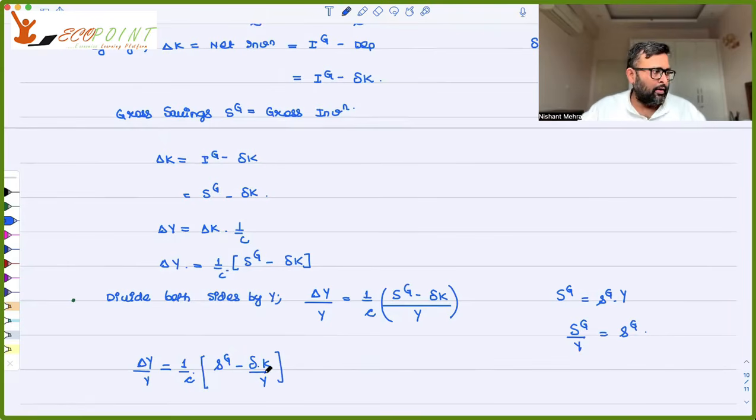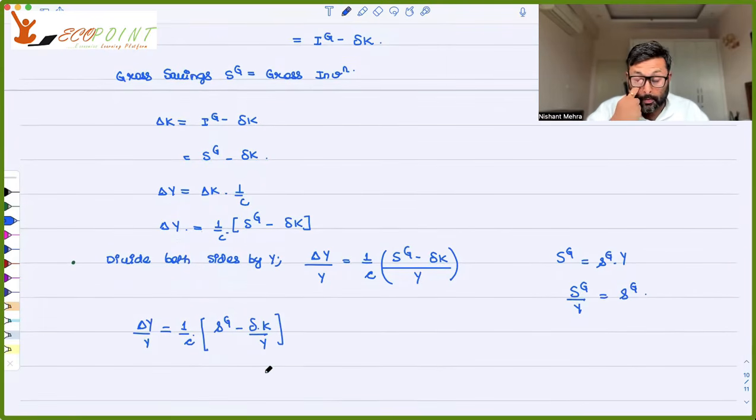Okay. How do we write this? Well, what I know is K is equal to C into Y. K upon Y is equal to small c. That is your capital output ratio, right? And so I can also write it like this. Delta K is equal to C delta Y, multiplying both sides by the depreciation rate.